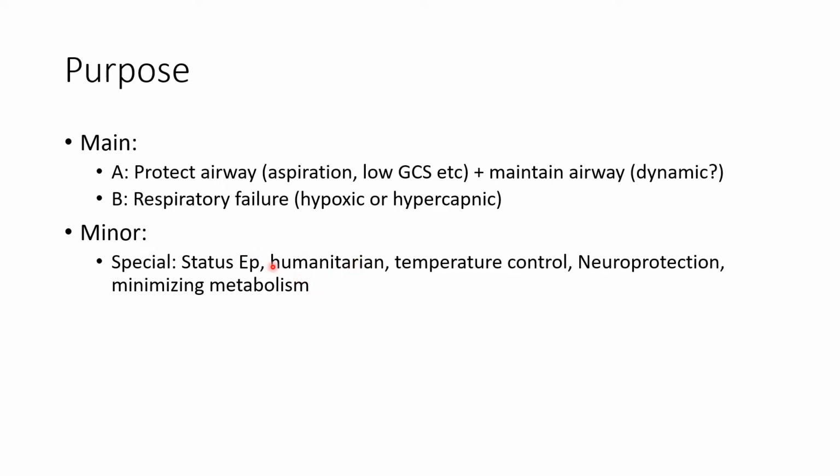There are humanitarian reasons, if they have pain that is uncontrollable, or if it's a really bad trauma, and so on. There's temperature control, neuroprotection, and minimizing metabolism. So there are certain minor things, but the main things are usually A and B problems. Maybe also the D problem, where you have a low GCS and therefore you cannot protect your airway.